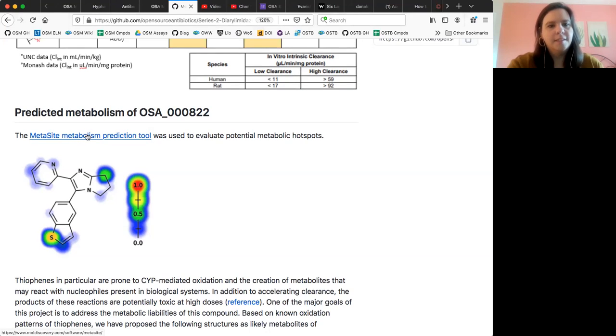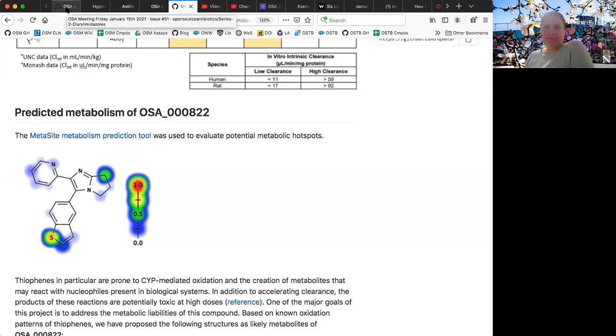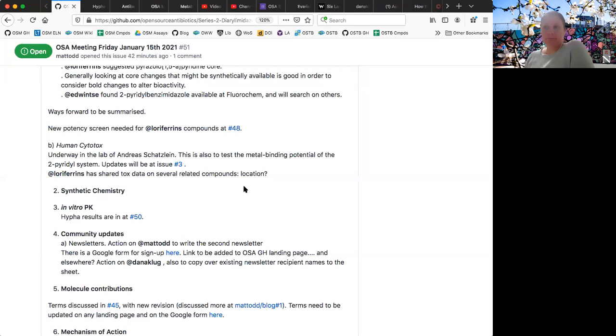This is, I think, the only one that we have the Metasite data for, and the other ones like SMARTCyp and other things. Okay. So we wait, but it's good that they're progressing and they're still active in the lab, which is great.